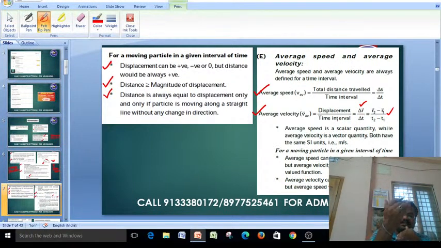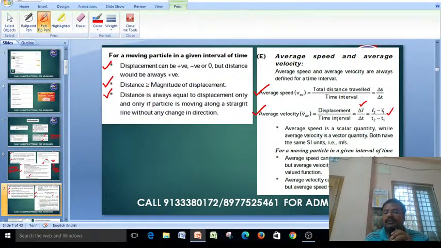That was represented in the graphical representation in the previous slide. Average speed is a scalar quantity, while average velocity is a vector quantity. Both have the same SI unit, meters per second.